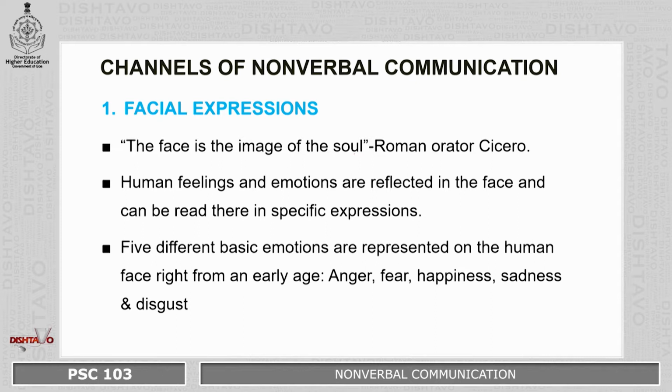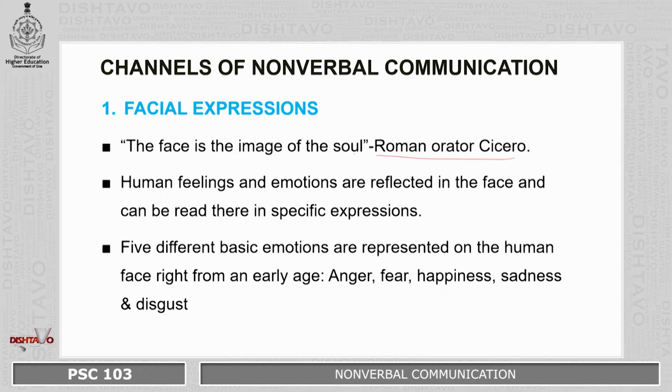The first one is facial expressions. When we say facial expression, we have Roman orator Cicero, who said the face is the image of the soul. According to him, human feelings and emotions are reflected in the face and can be read there in specific expressions.